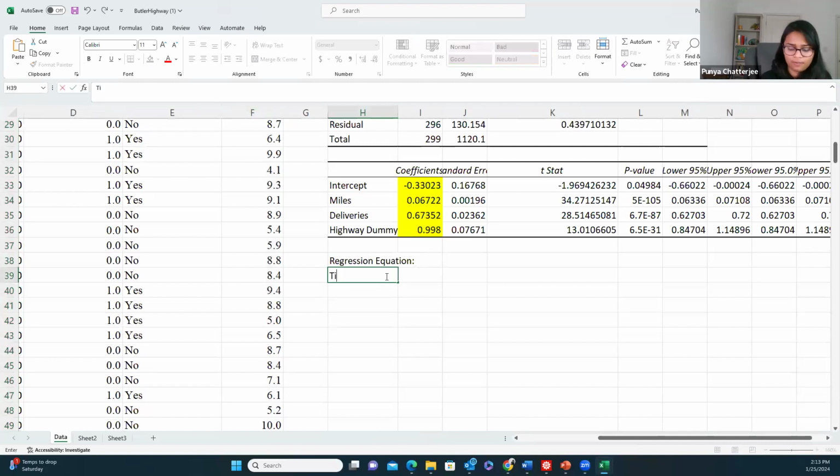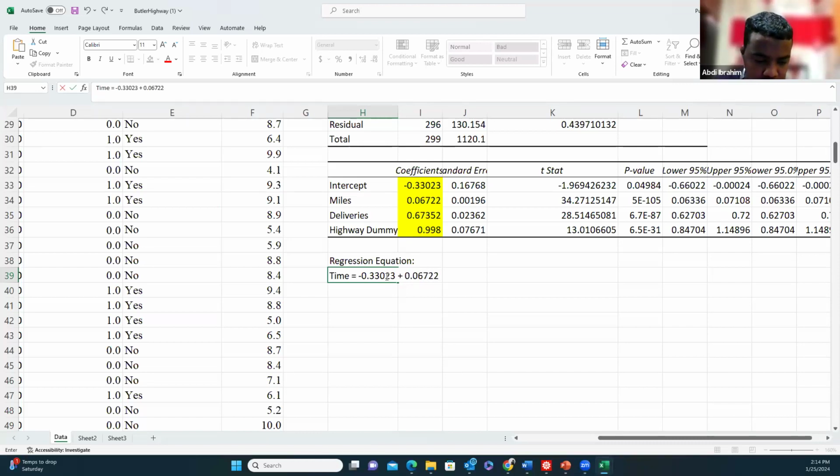So we are going to start with time equals negative 0.33023 plus 0.06722 times miles, plus 0.67352 times deliveries, and plus 0.998 times highway dummy.